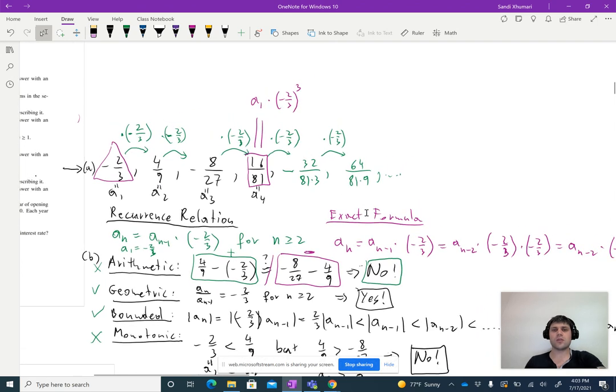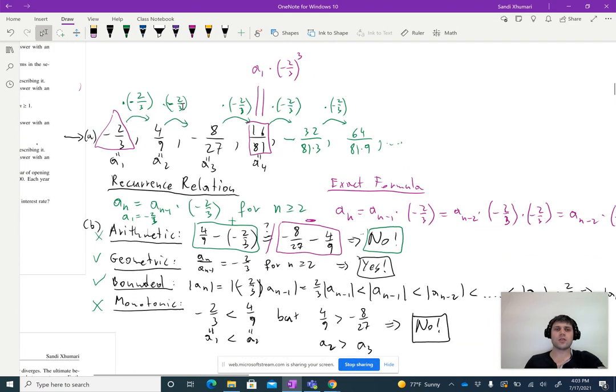Okay, now I didn't ask for the exact formula here, but if I did, then you could still figure that out. One way to do that is to notice here, okay, what is the fourth term in this sequence? Well, we start with a sub 1 and we keep multiplying by negative 2/3 3 times to get to a sub 4. If I'm looking at a sub 5, well, I'll have to multiply by negative 2/3 one more time.